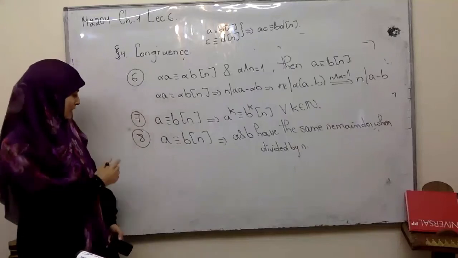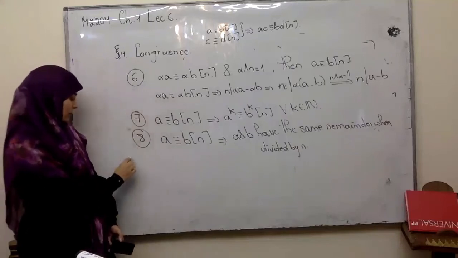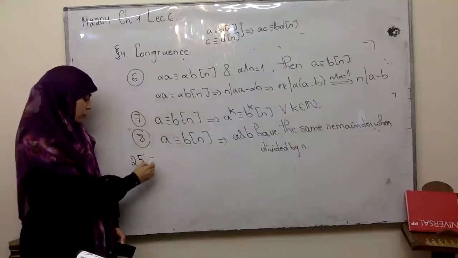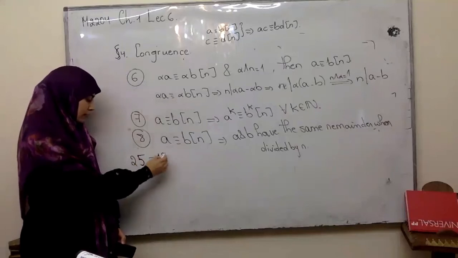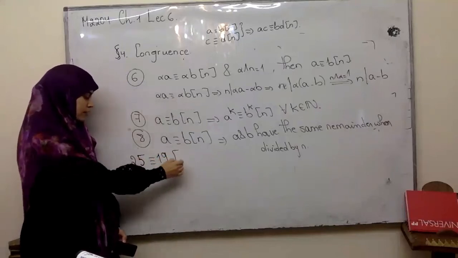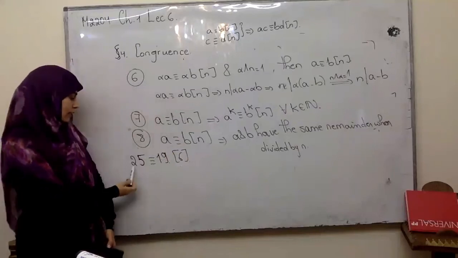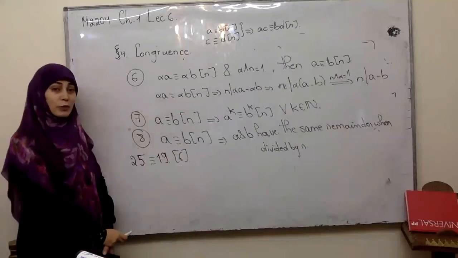Okay, for example, 25 is congruent to 19 modulo 6. Okay, 25 is congruent to 19 modulo 6.